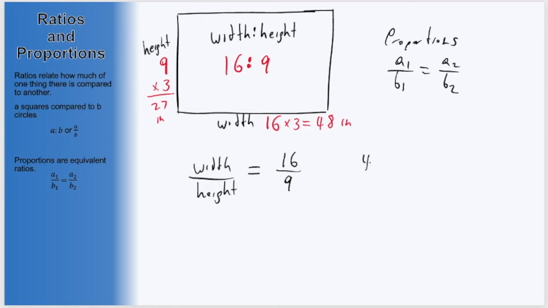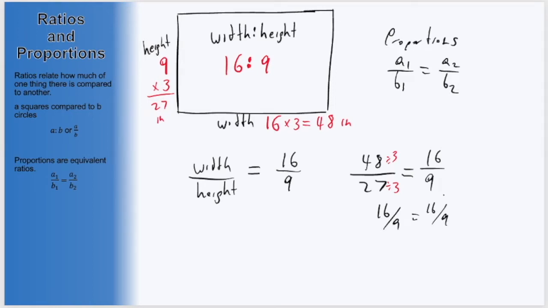We know the width is 48 inches, and the height is 27, so our ratio would look like this. And if it obeys the ratio 16 to 9, we can make the proportion equal to 16 over 9. Now the left side of this equation clearly reduces down to 16 over 9 by just dividing each of these numbers by 3. So we see that our proportion makes sense.